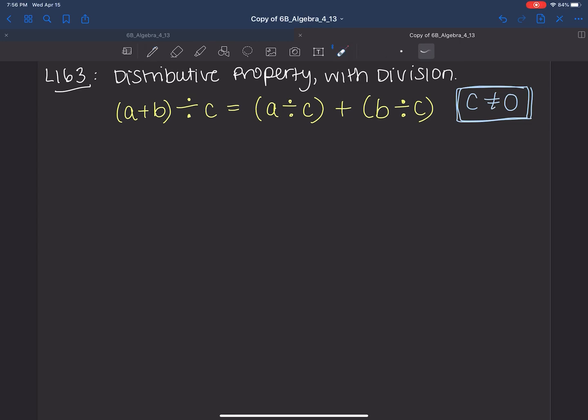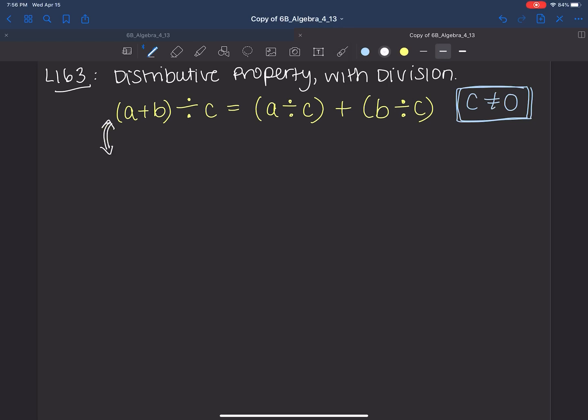Okay, so looking at the distributive property for division, it looks so much like multiplication. I literally could have replaced the division signs with multiplication signs here, and it would have been exactly the distributive property for multiplication. And again, this shouldn't be a surprise because division and multiplication, you can switch between one and the other really easily.